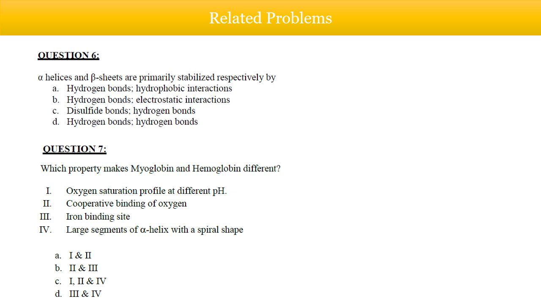Which one? So alpha helices by which one, and the beta sheets by which one? Okay, I've got some answers. Maybe others can try.